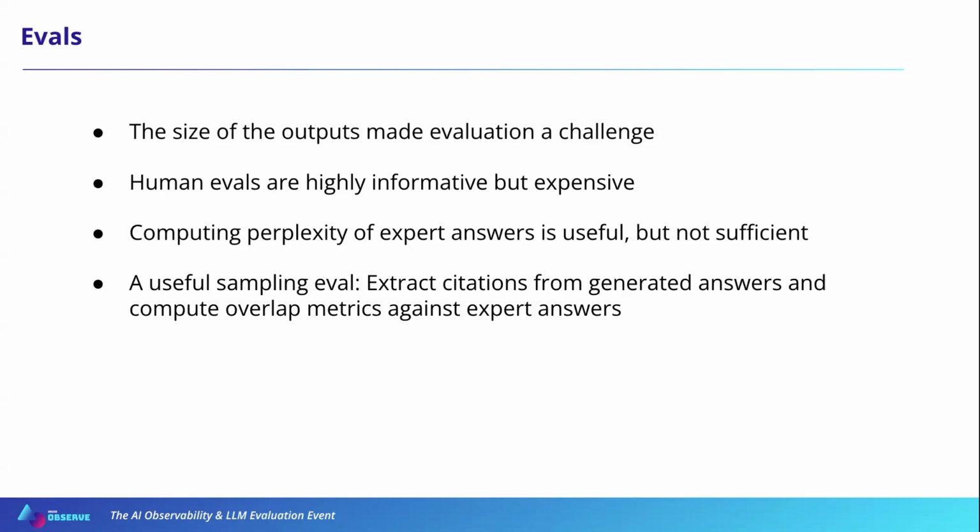We eventually made the discovery that we could leverage the presence of citations in answers and then measure the overlap in citations between generated answers and expert answers. So these overlap metrics actually turned out to correlate quite well with human evals, but of course had the advantage of being fully automated. So this is the kind of creativity that can really help with real-world evals.